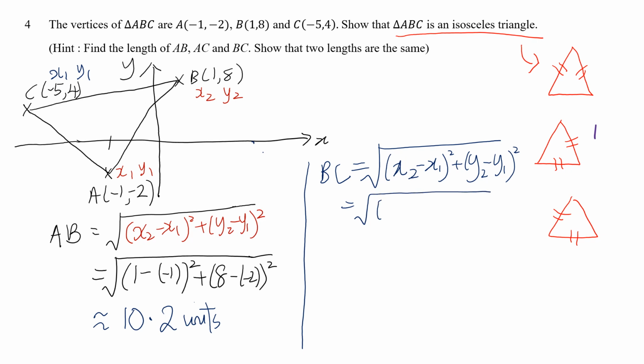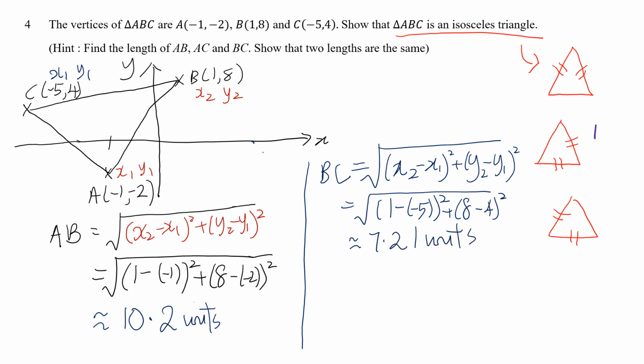So I have x2, which is 1 minus bracket negative 5, close bracket, squared, plus y2, which is 8 minus 4, close bracket, squared. All right, then you can use your calculator to work it out. Right, you get 7.21. It's not an exact value, so you just put it to 2 decimal places, 7.21 units.